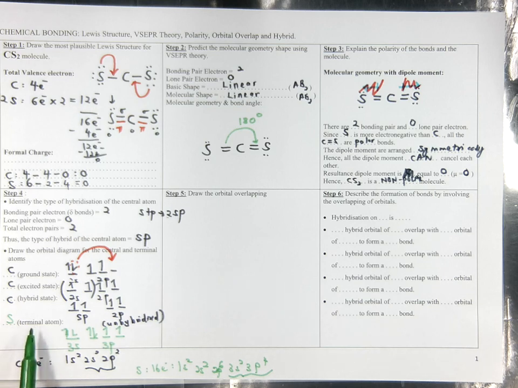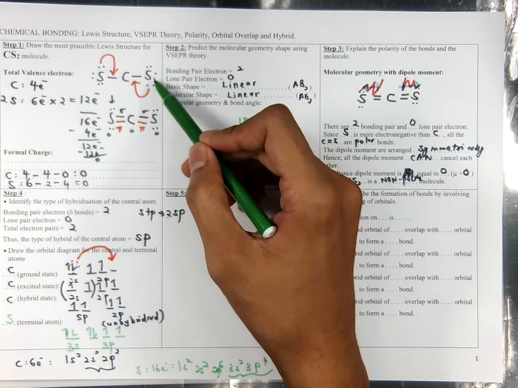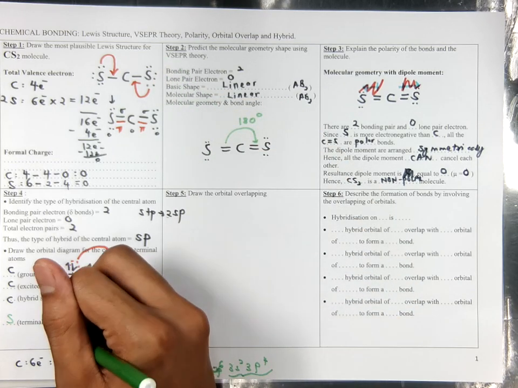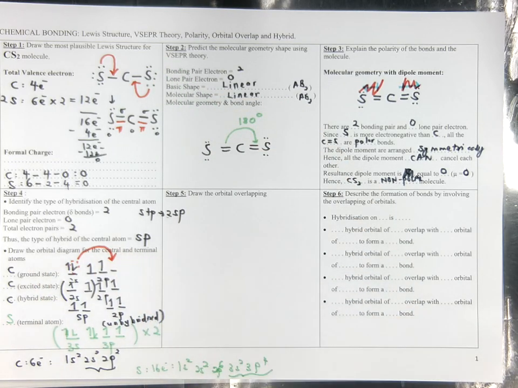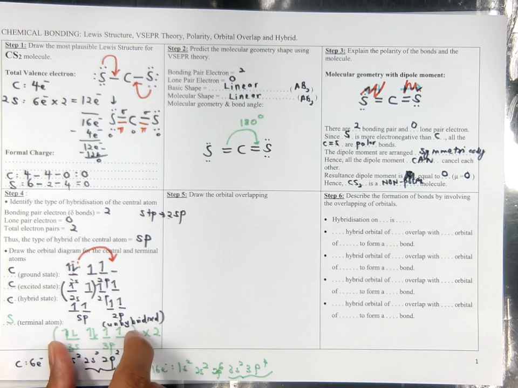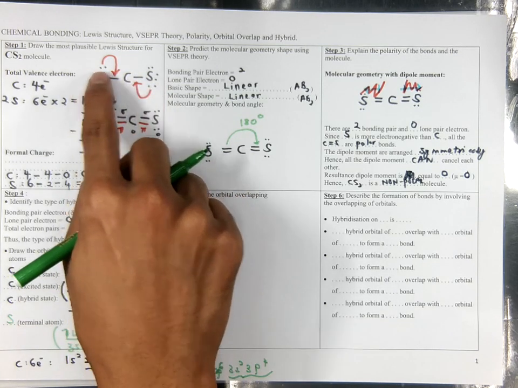So the terminal atom is going to have this kind of electronic configuration. You can imagine that I have 2 sulfur, so I can multiply it by 2. However, in the exam, you can just write it one time. But for your understanding now, you can imagine it has two of the same electronic configuration, because you have 2 sulfur atoms.